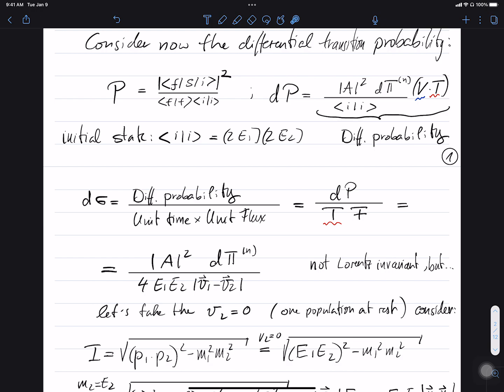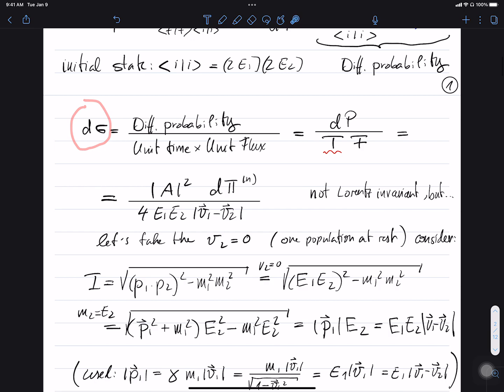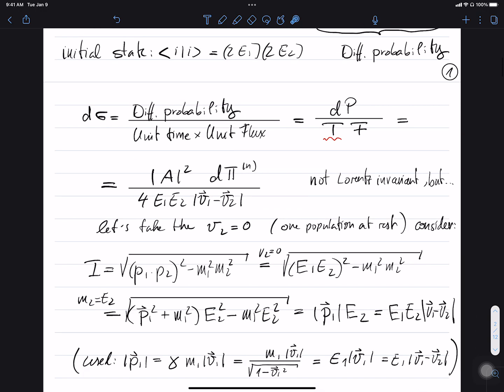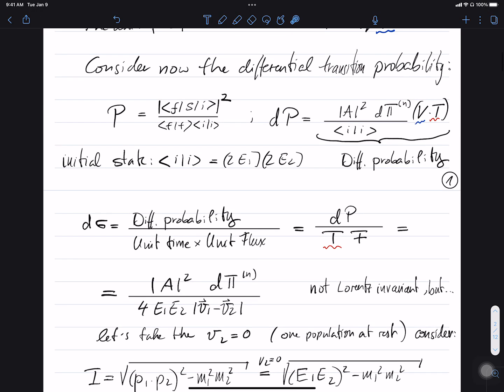And now we have the definition of this differential scattering cross-section, where we have the differential probability divided by unit time and by unit flux. Unit in the sense that it's flux per particle. That means that we don't have the n in front anymore. It's just the velocity divided by volume. So we have this dP divided by T times F. Okay, so we also have vT in here.